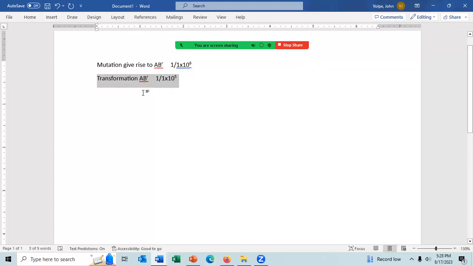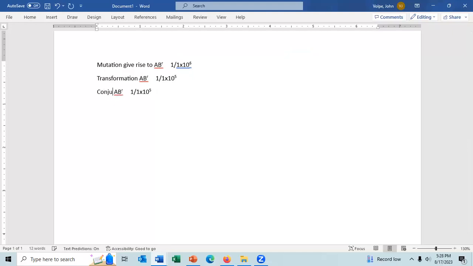And how often does sexual conjugation happen in bacteria? We're talking about gram-negative bacteria, because I'm not sure about how often the mating bridge occurs. But sexual conjugation also spreads around new genes like antibiotic resistance about one time in every 10 to the 5th cells.